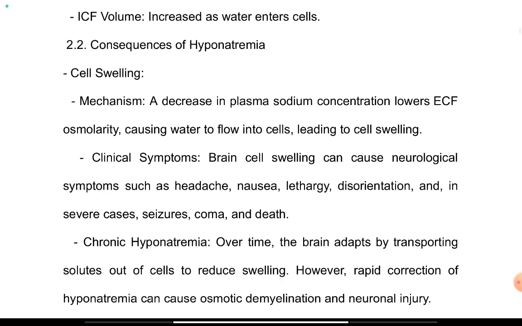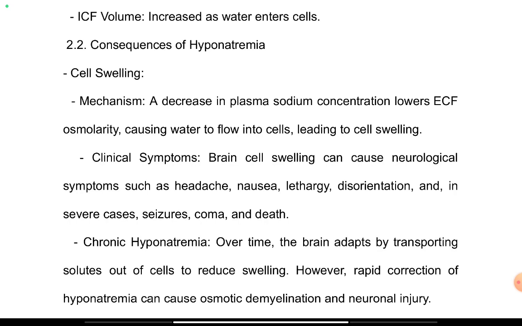Now, consequences of hyponatremia. Hyponatremia translates to what? Hypotonicity. And you know that the consequence of this will be that the intracellular fluid is relatively hypertonic compared to the hypotonic extracellular fluid. So water draws in from the extracellular fluid to the intracellular fluid.